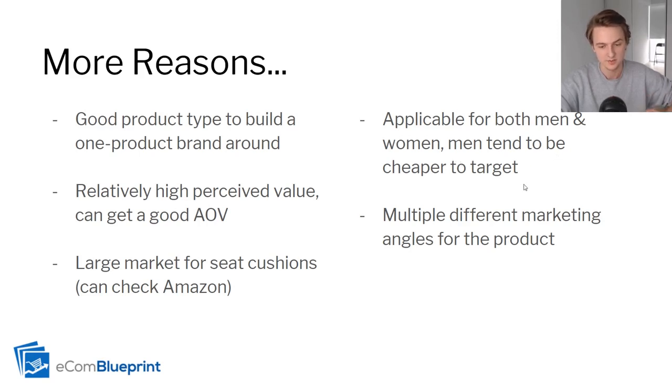This is what I saw indeed with the Cloud Cushion store, is that a lot of my sales came from men, and it was quite cheap to target them. Another reason is that there's multiple different marketing angles for the product, right? There's different ways to position this product as there's different pain points that you can target. You can talk about how it just improves your quality of life. You can talk about how it reduces back pain, it improves posture, all these different claims that you can make about the product. So there's a bunch of different angles for this product.